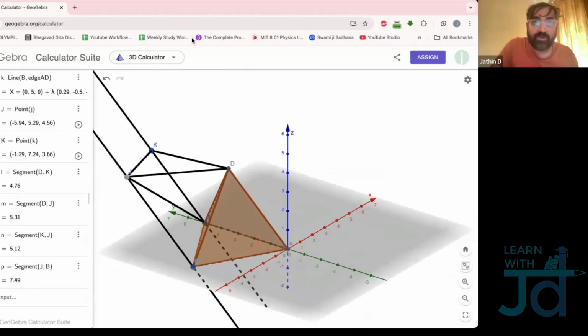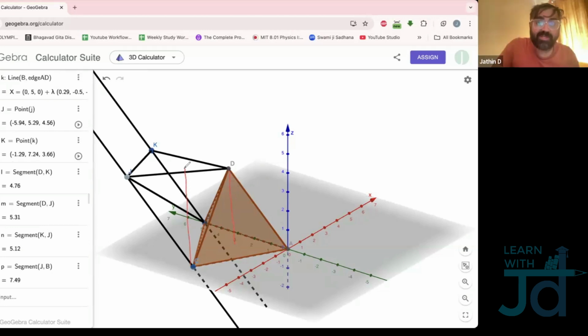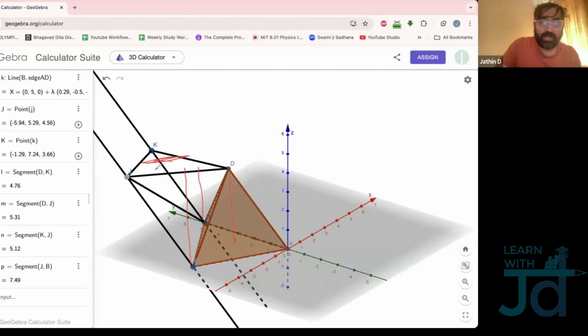I cannot do the annotation. Wait, can we annotate? Yes. So this is the vertical height, and it will be the same for all of them. And the area is the same, this is the area here, and this is parallel.